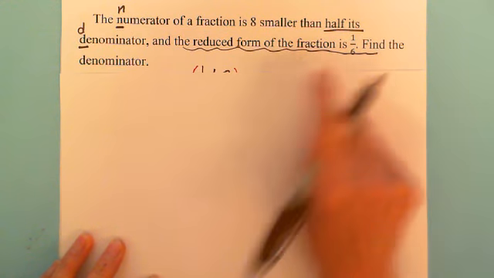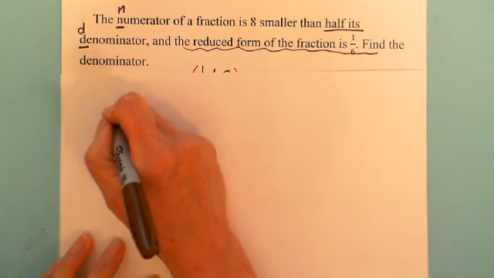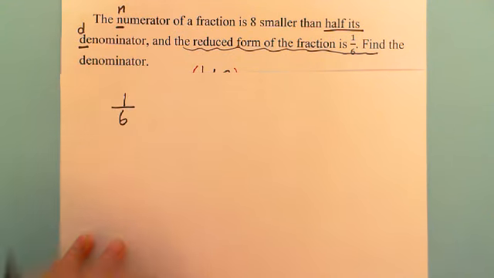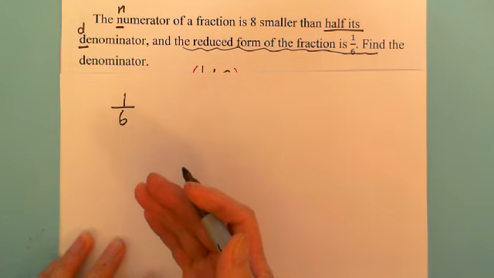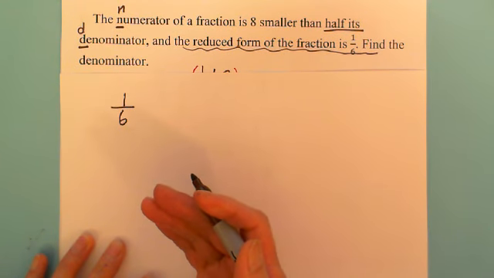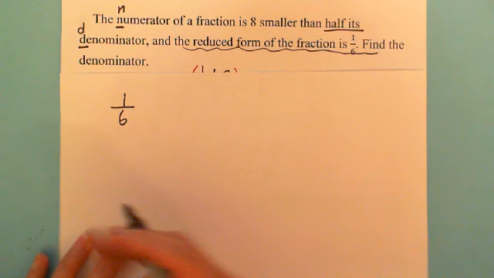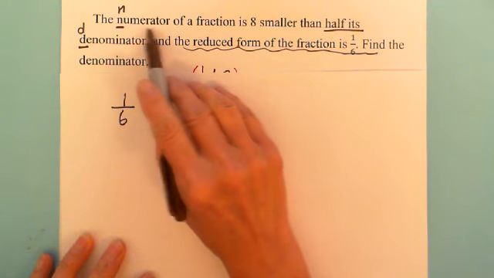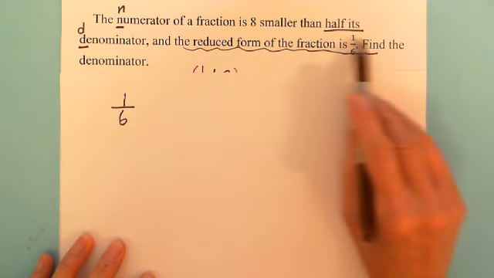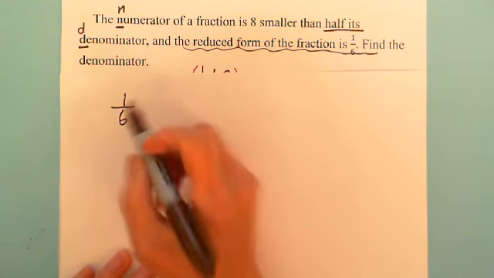So this fraction is 1 over 6, but we're looking for the fraction before reducing, which satisfies this sentence. Let's think about before reducing.